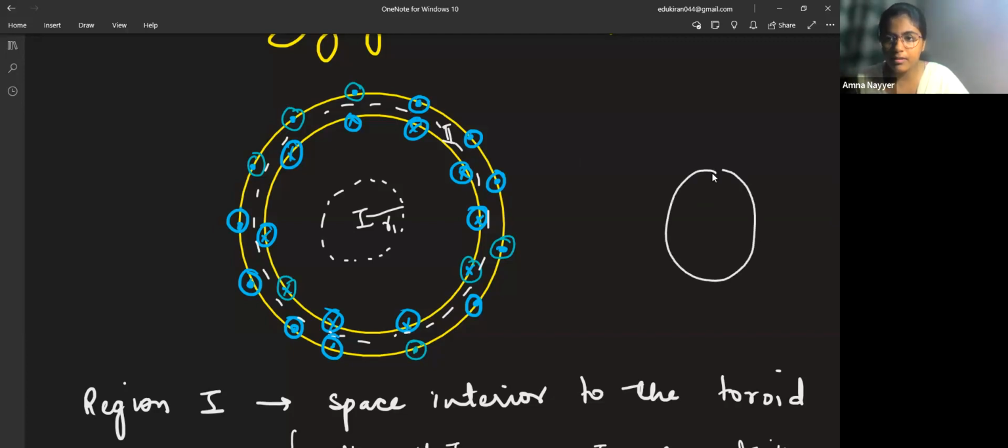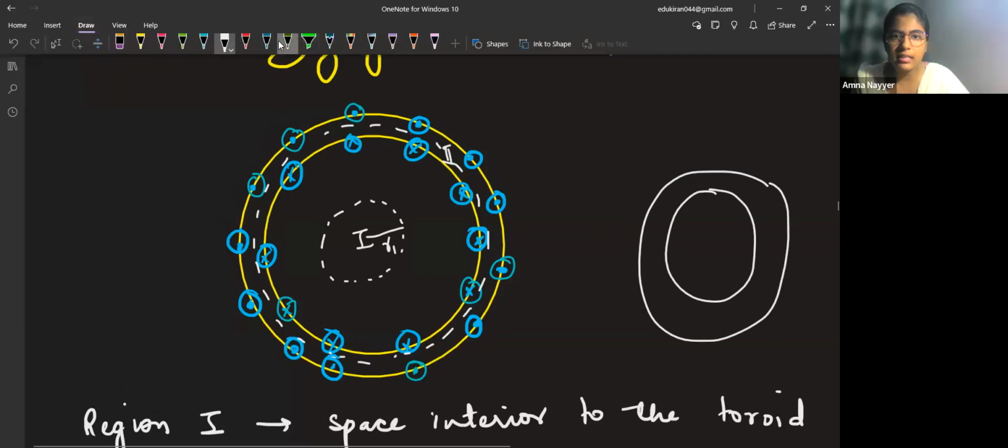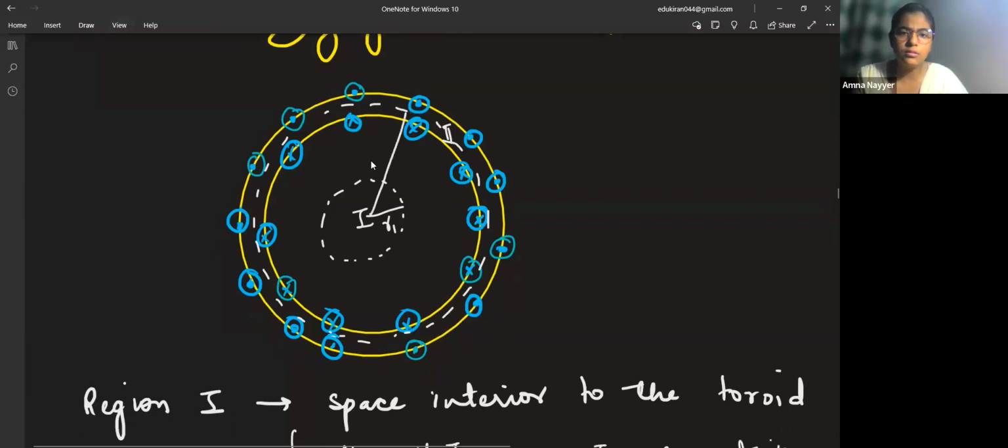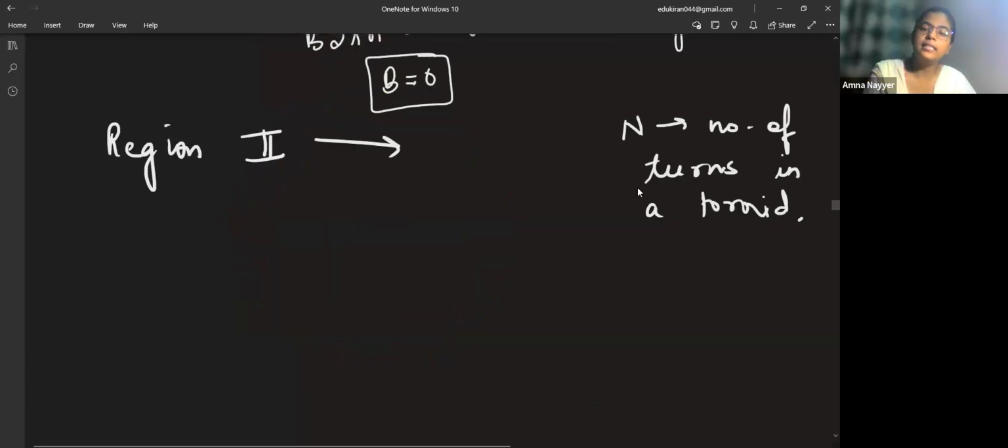See, if these are the concentric rings, I have taken my Amperian loop like this. Earlier it was like this for inside. This is now for outside. Now see, let's say the radius is R2. N is the number of turns in a toroid. Now for region 2, we'll apply Ampere circuital law.